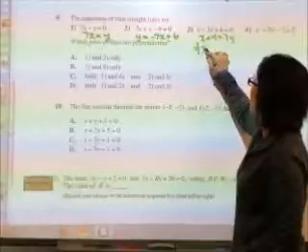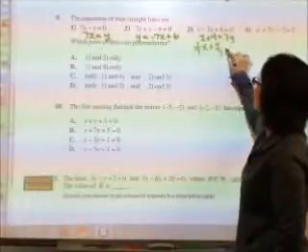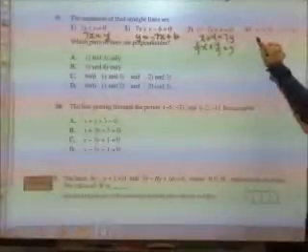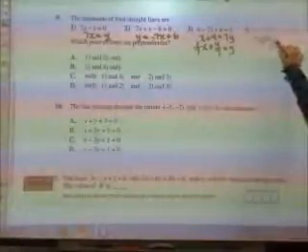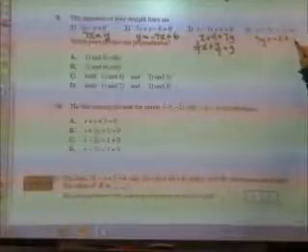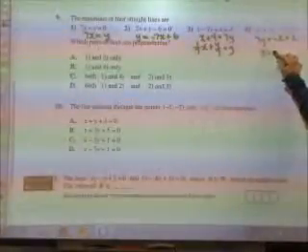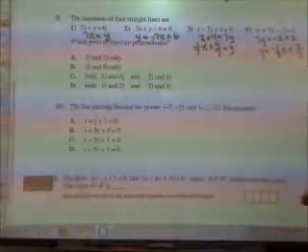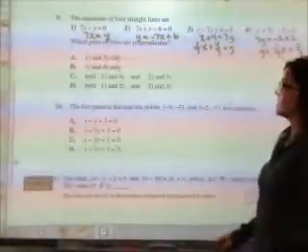So I get 1/7 x plus 4/7. And with number 4, move the x and the negative 2 over, divide by 7. And there are my 4 equations.